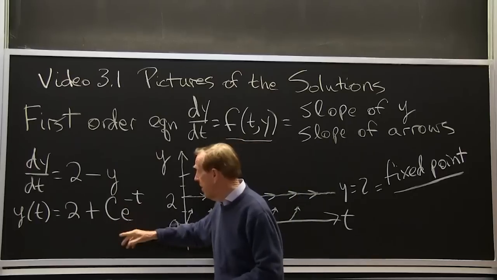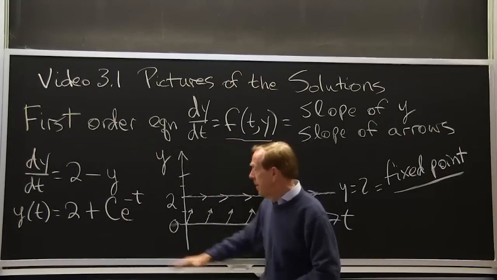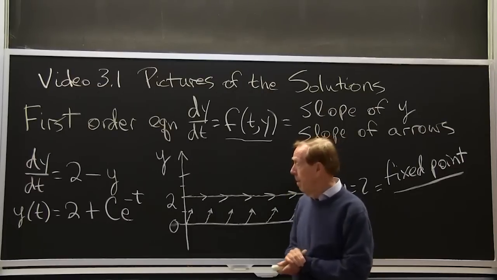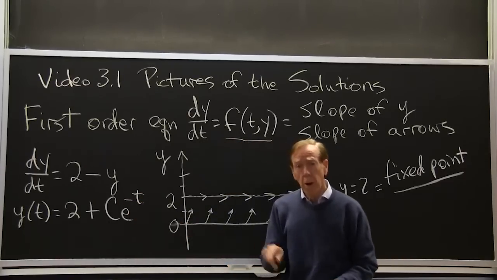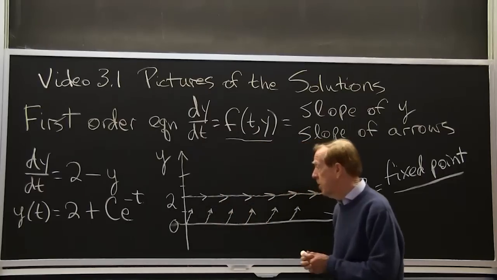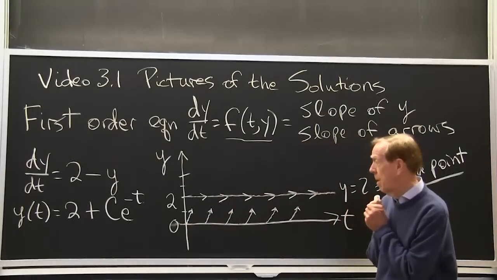If I start with some other value of c, not 0, then there will be a null solution part, but as t gets large, that goes to 0. So I move toward 2. Now, let's see that in the picture. So I'm drawing the arrows first.